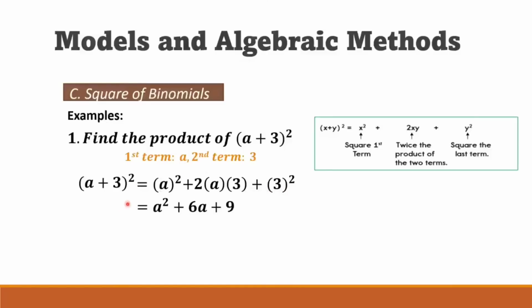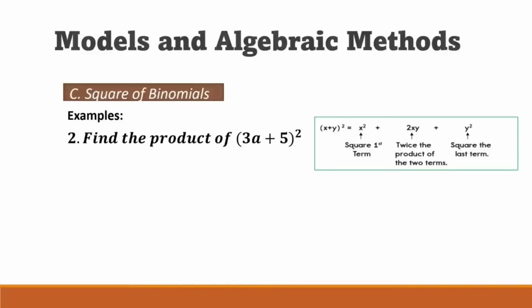We simplify. So a, the quantity squared, is equal to a squared. 2 times a is equal to 2a times 3 is equal to 6a. And then 3 squared is equal to 9. So that's our answer, the product of a plus 3, the quantity squared. Example number 2, we have 3a plus 5, the quantity squared.